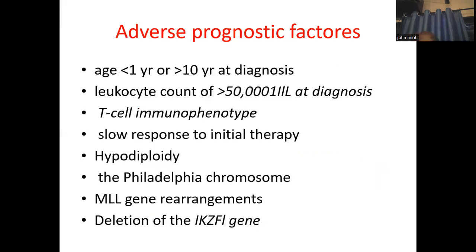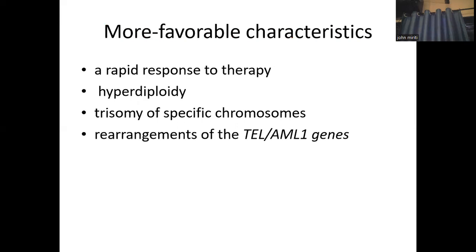The adverse prognostic factors of acute lymphoid leukemia are age less than 1 year or more than 10 years at diagnosis, leukocyte count of more than 50,000 per microliter at diagnosis, T cell immunophenotype, slow response to initial therapy, hypodiploidy, the Philadelphia chromosome, myeloid lymphoid leukemia gene rearrangement, and the addition of the IKZF1 and other genes, which influence the outcome of this disease.